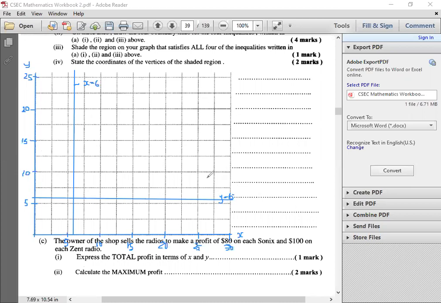Everybody gets that? So this is my line, not straight.